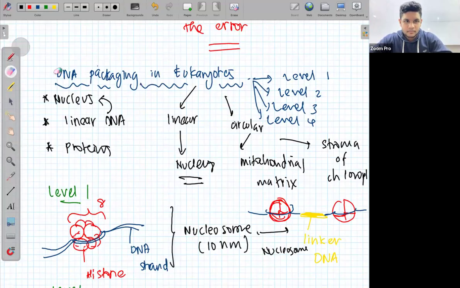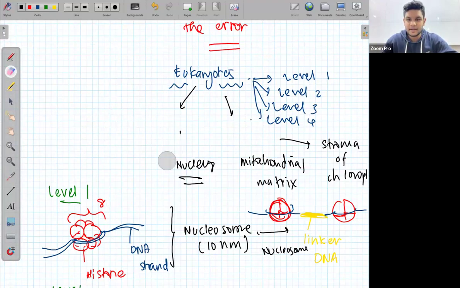Now, the last and final part, and then DNA packaging is done.